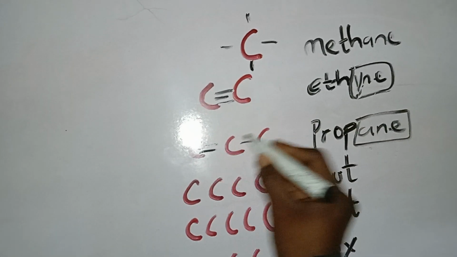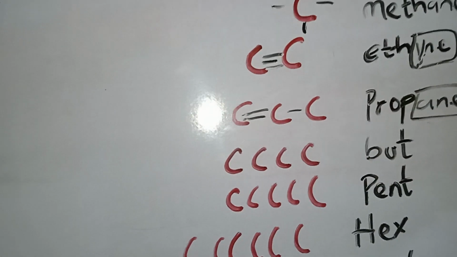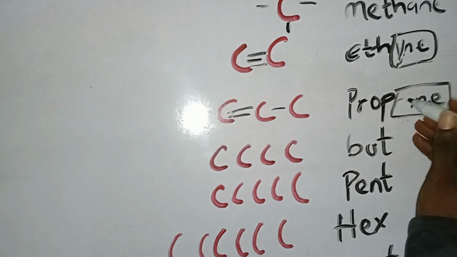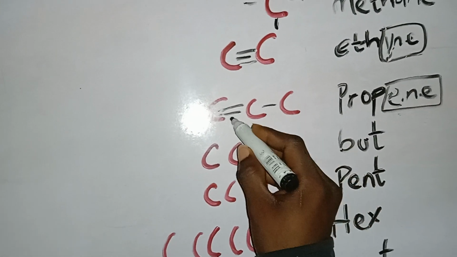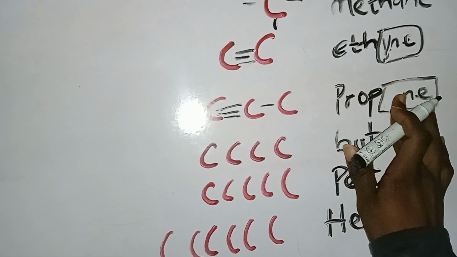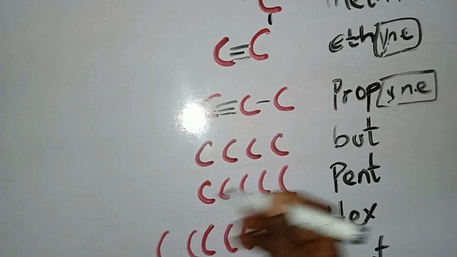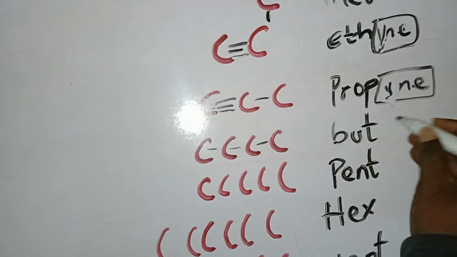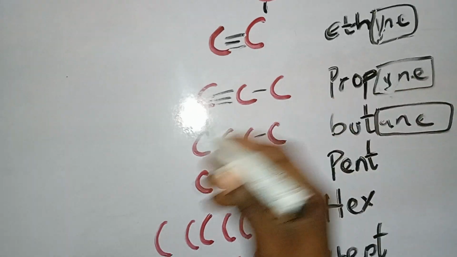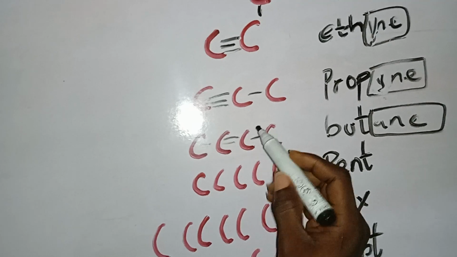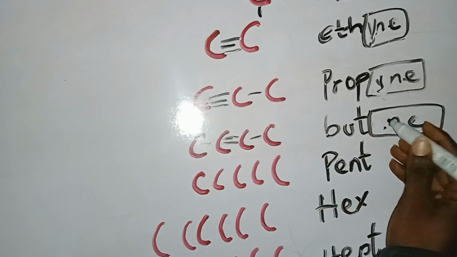But if I see a double bond at any point on this triple carbon, it will no longer be ane, it will now end with ene, propene. If I see a triple bond around this, it will no longer be ane, it will now be yne. Now, if I see single bonds all through this, it will be butane. But if at any point I see a double bond, it will no longer be ane, it will now be ene.